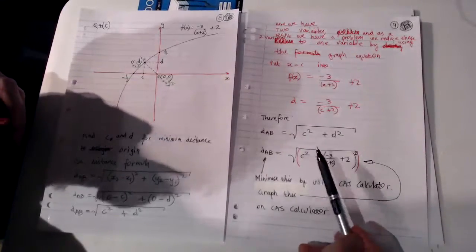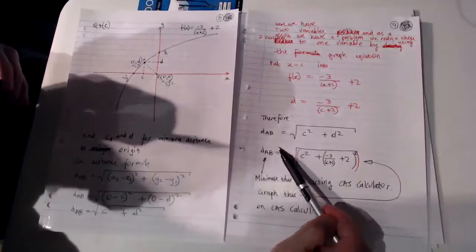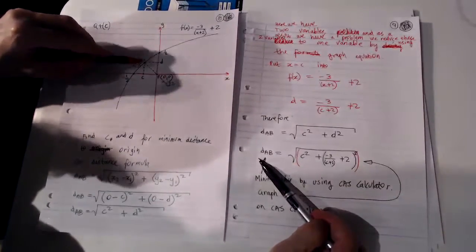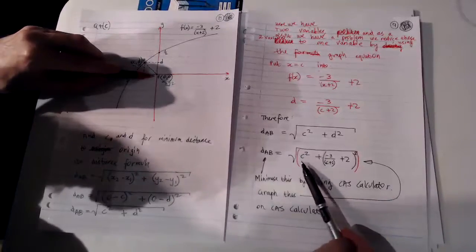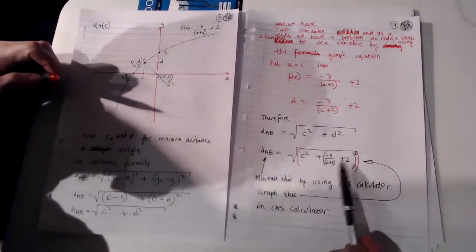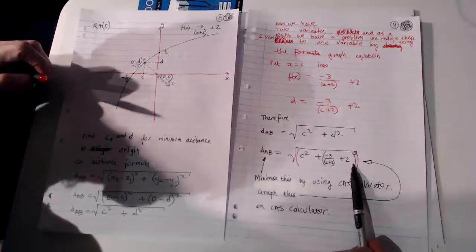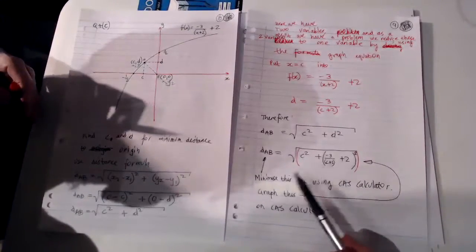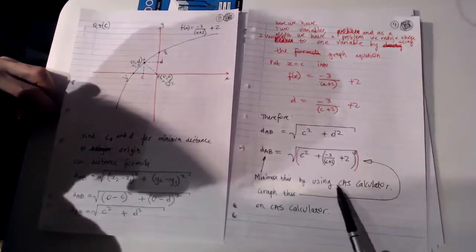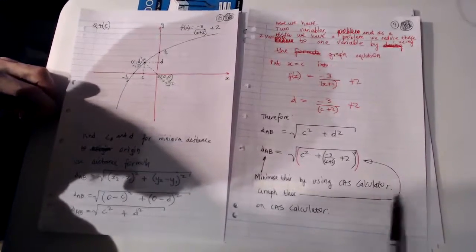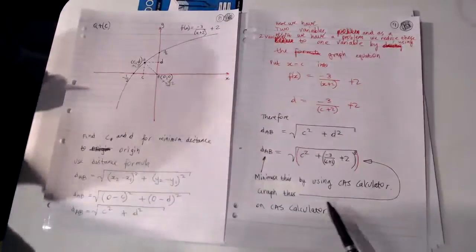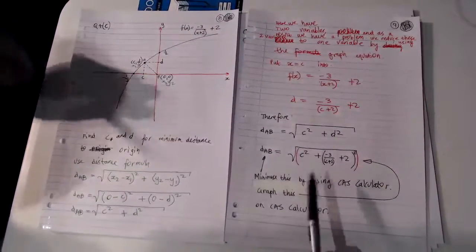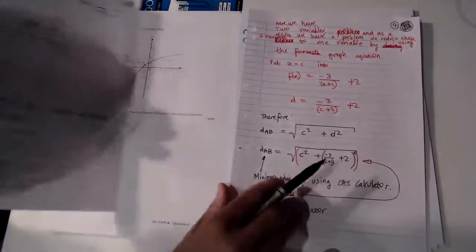At which point we now have the distance formula from A to B, or as they say in the question, from P to the origin, in terms of just one variable, which is C. We can now minimize this by graphing it on the CAS calculator, so we can find the minimum distance by graphing this distance formula.